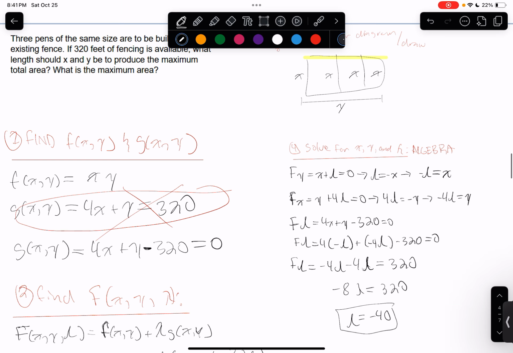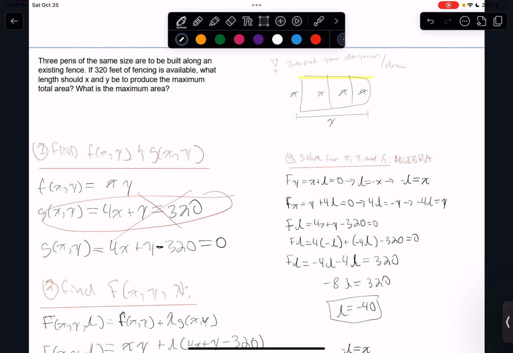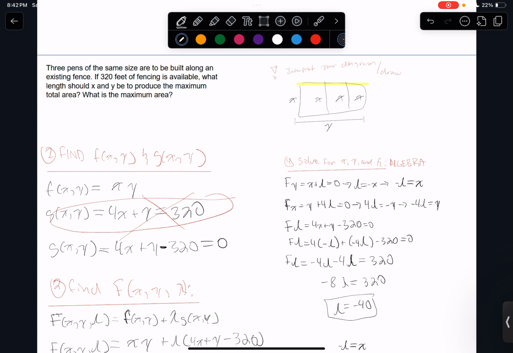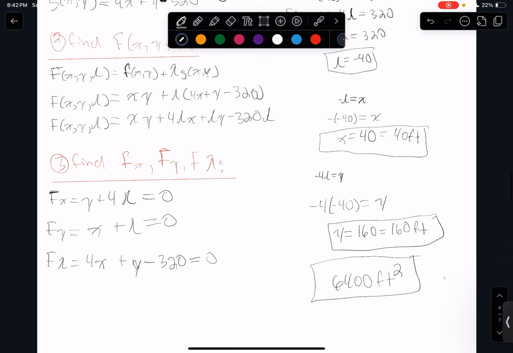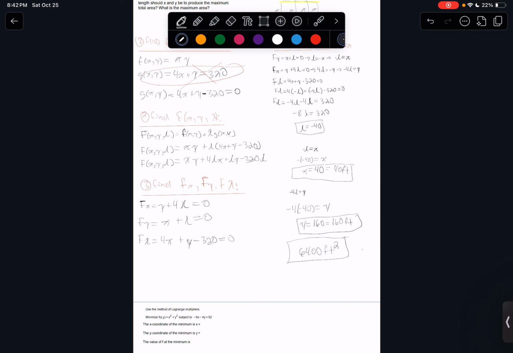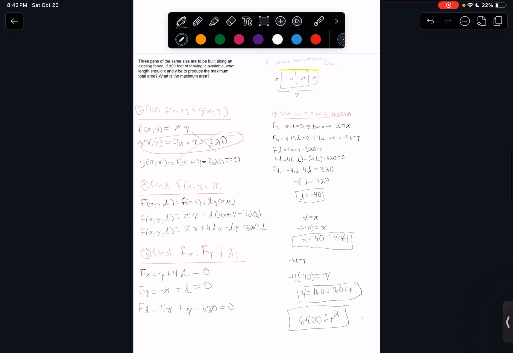And that is the maximum area. All right, that is the length x and y should be to produce the maximum area, which is 6,400 feet squared. All right, I'm going to let you take this in. And then we're going to move on to our next question.